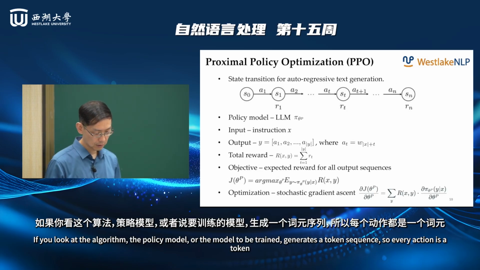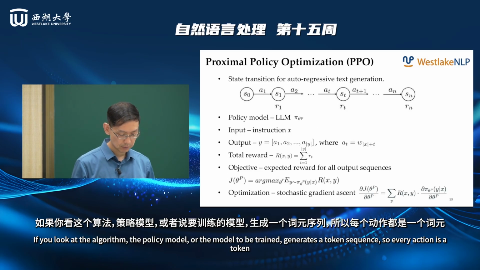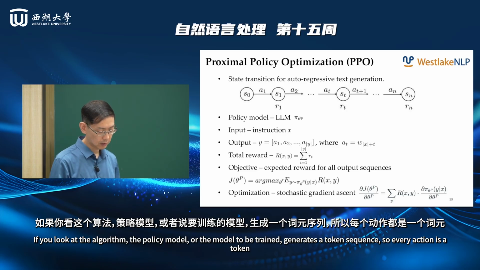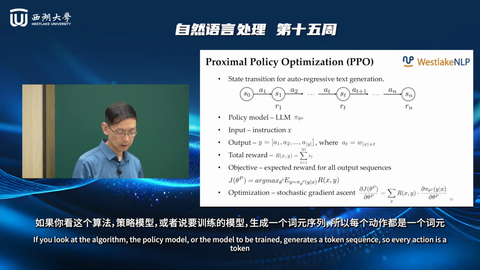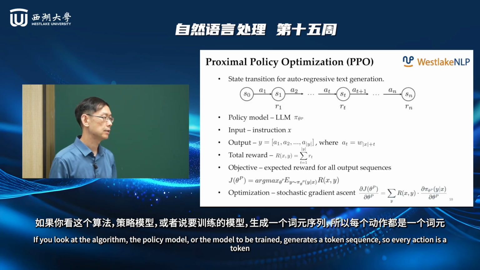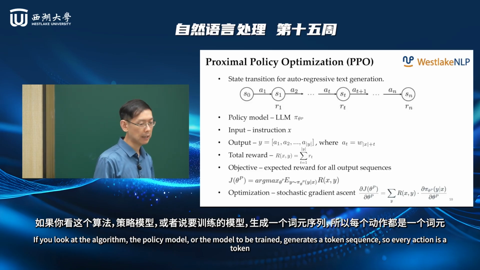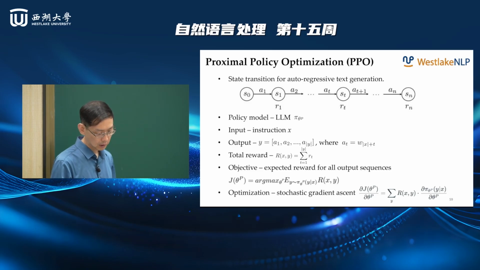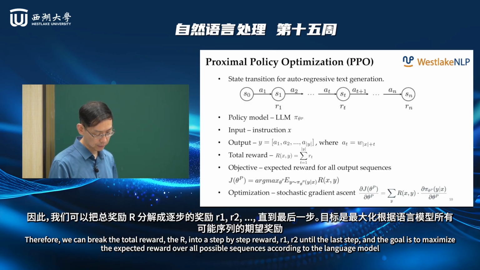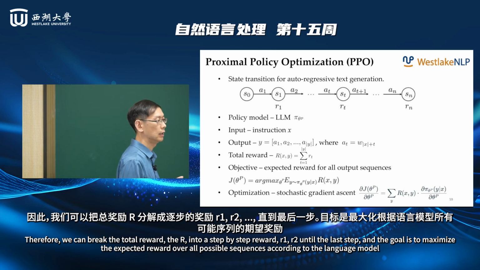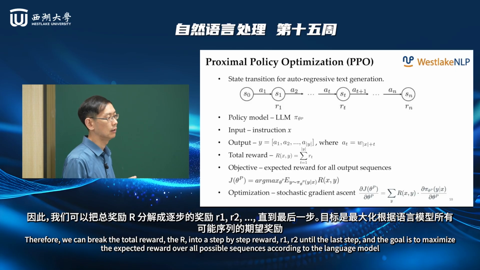So if you look at the algorithm, the policy model, or the model to be trained, generates a token sequence. So every action is a token. And therefore, we can break the total reward, the capital R, into a step-by-step reward, lower R, R1, R2 until the last step.